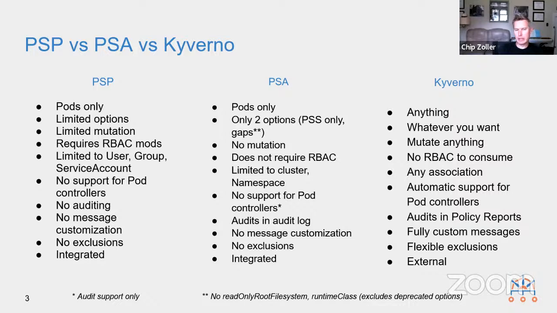Kyverno handles anything that you want to. Obviously pods, since we're here talking about pod security policy replacements and migrations, but Kyverno is not just focused around pods. You can validate config maps, ingresses, even your own custom resources. It doesn't matter what it is, Kyverno can handle that from a validation perspective.